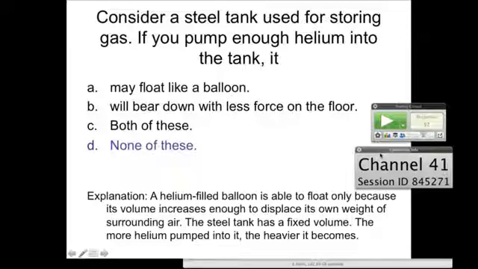Well, this says a helium balloon is able to float only because its volume increases, thus displacing its own weight of surrounding air. That's the buoyant force, Archimedes' principle. A steel container that's rigid doesn't change its volume, so the buoyant force never changes. It's still displacing the same amount of air, whether it has helium inside it or not.